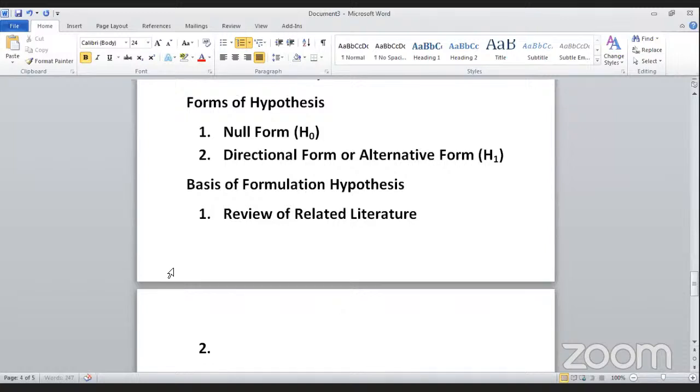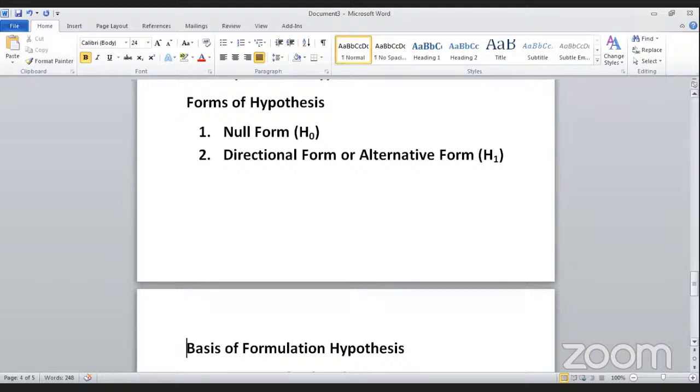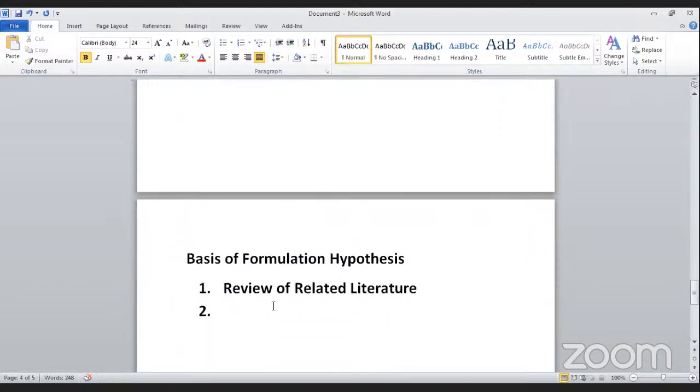Now, how will this review of related literature help you? See, when you read the related literature, it is possible that you may come to know that no research has been conducted.